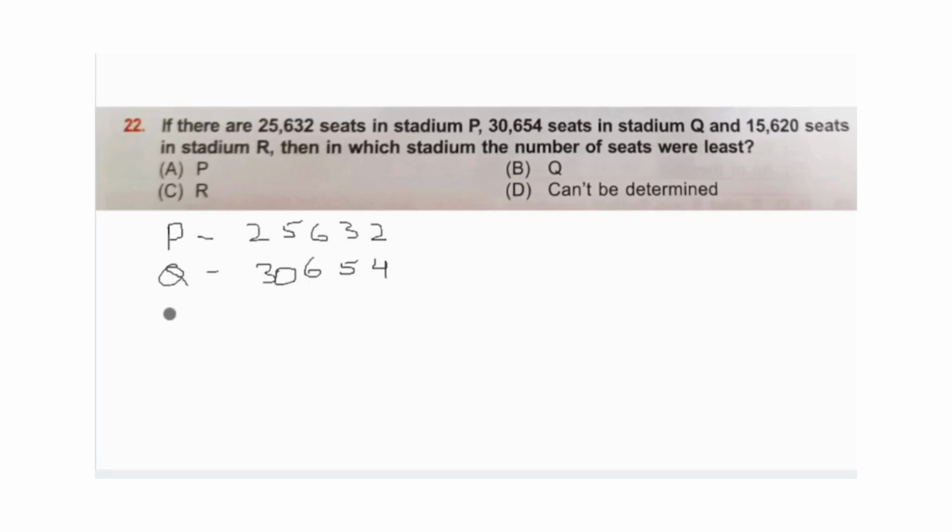The third stadium is R, and the number of seats here is 15,620. Since they want us to find the least number of seats, the obvious answer is R, the stadium with the fewest seats. And for R, the option here is C, which is our correct answer.